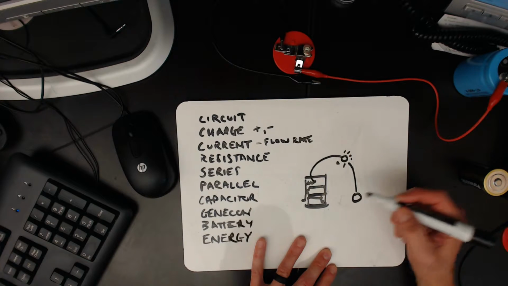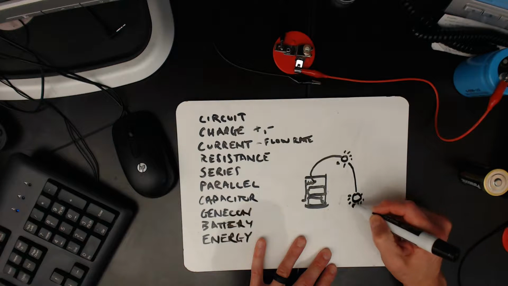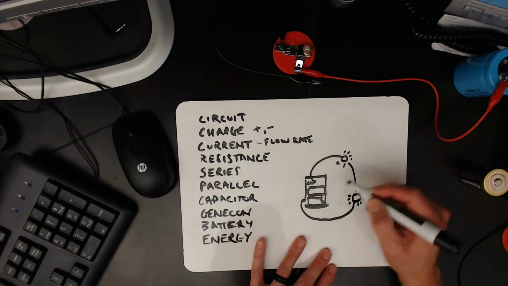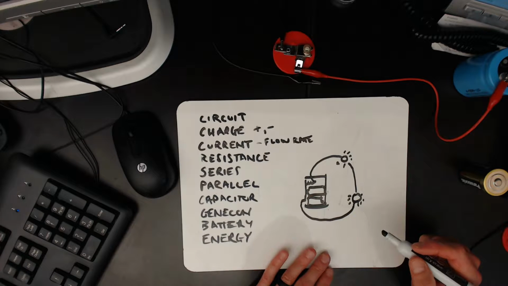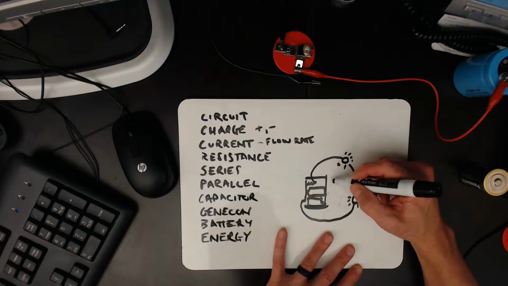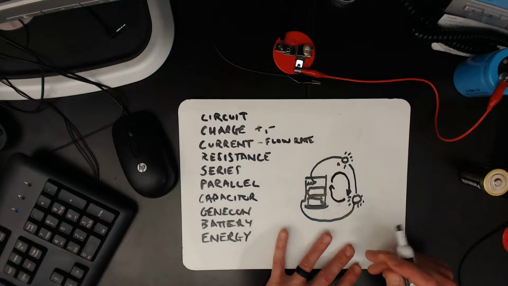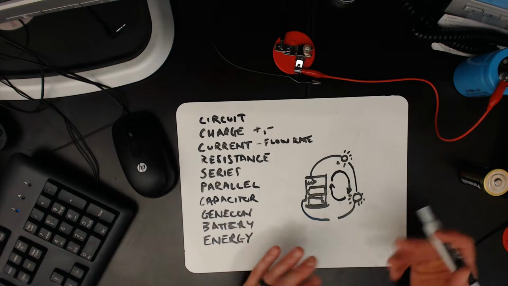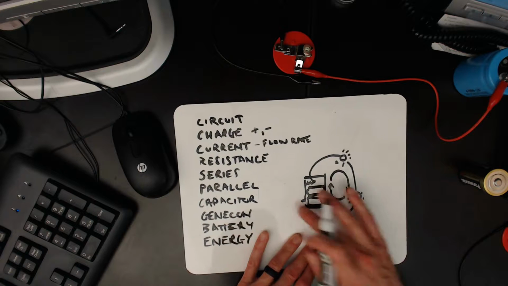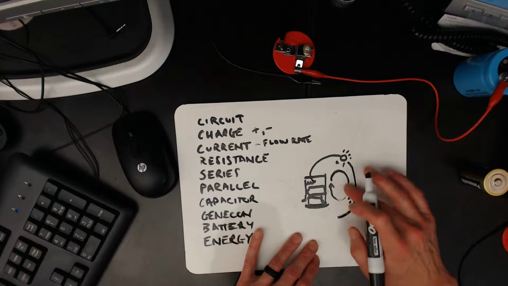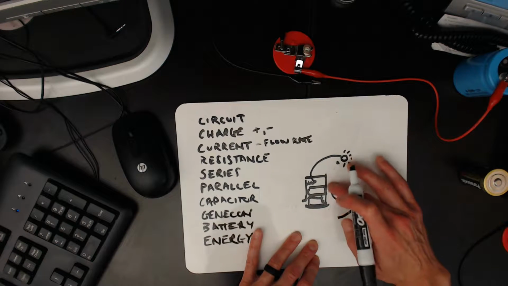And the circuit, of course, can be open or closed. If it's closed, then the charge can flow through the circuit, right? And it's going to be flowing like this around the circuit. And if it's open, if we break this or if we disconnect our wire, then of course the charge doesn't flow through anymore.